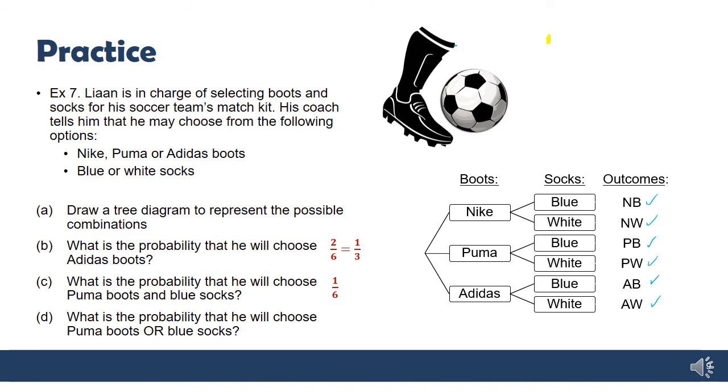So I want to highlight everything that's Puma or everything that has blue socks. So that's this one. We've already highlighted that one that was Puma and blue, and this one. So I've highlighted 4 options out of my total 6, which simplifies to 2 out of 3.